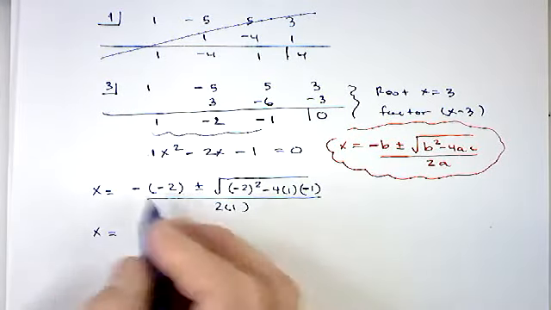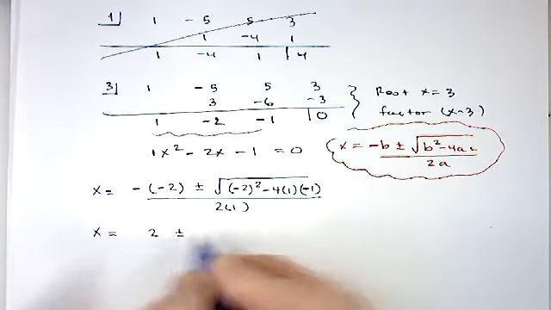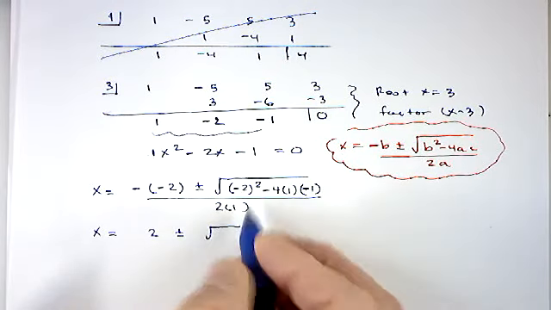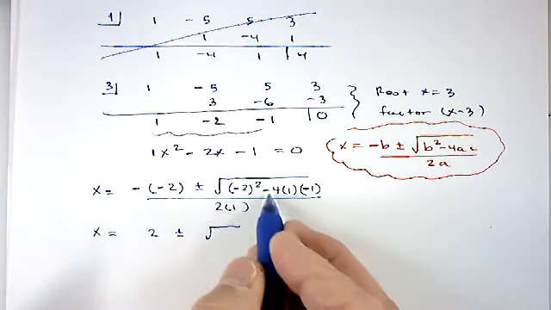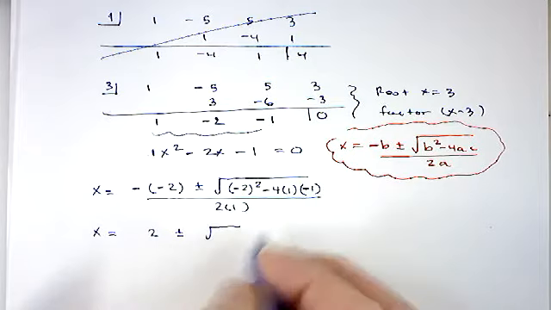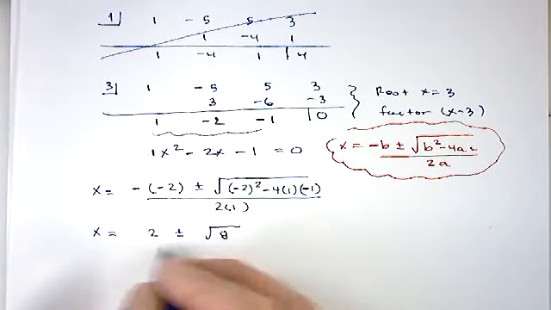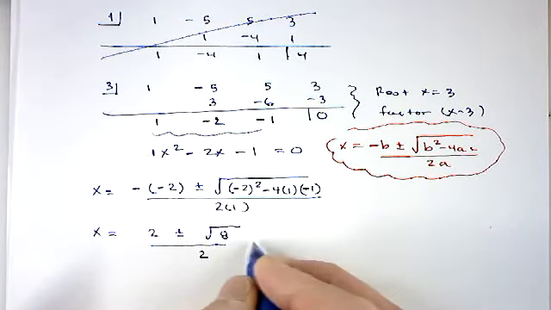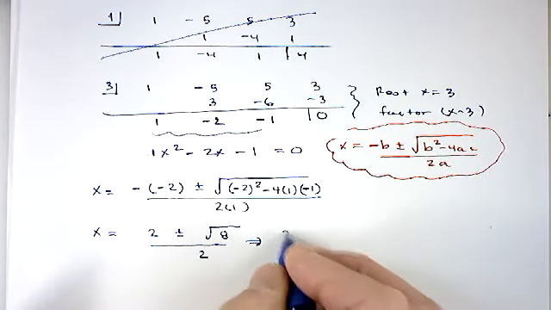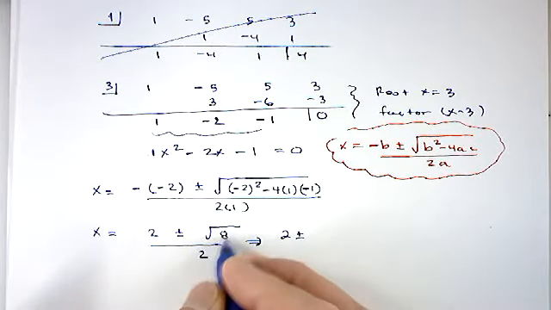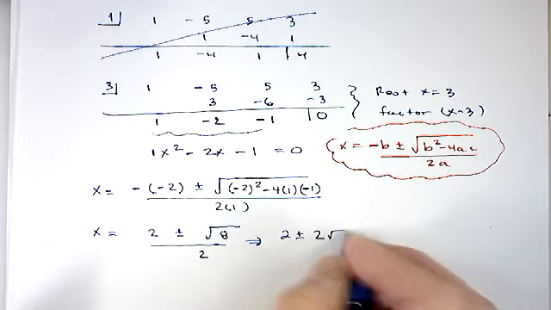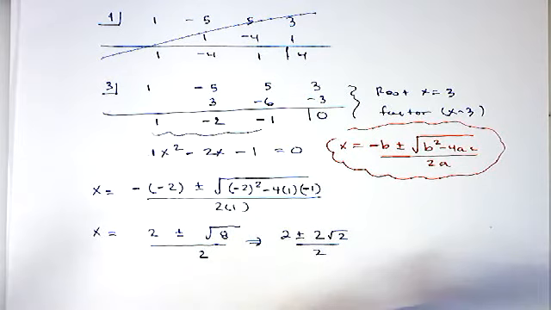If we reduce that, that's positive 2 plus or minus, that's going to be 4 plus 4. The two negatives make that plus. So that's the square root of 8 over 2, which is really 2 plus or minus. Remember, 8 is 4 times 2. The 4 can come out as a 2. So that's 2 root 2 over 2.